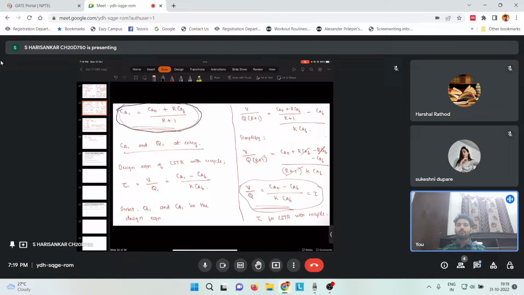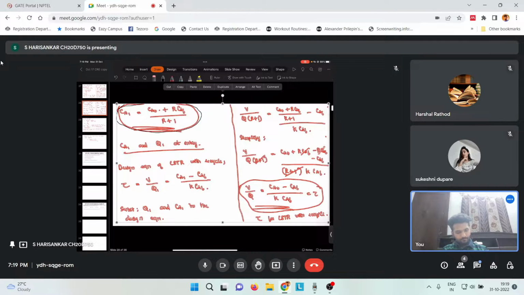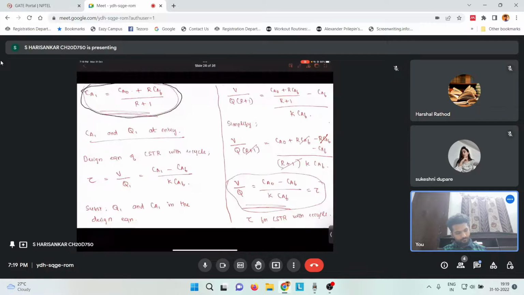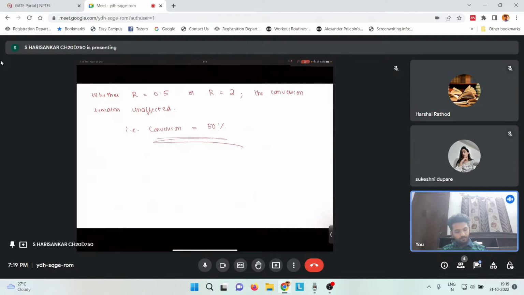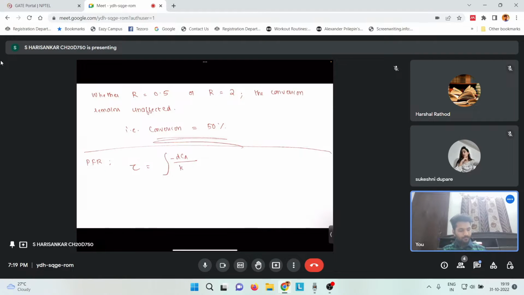So for PFR, what will vary here is that when you substitute it like this, there will be an integral. I'll show you. For PFR, tau is basically the integral of dCA by kCA, and this will be from CA1 to CAF.